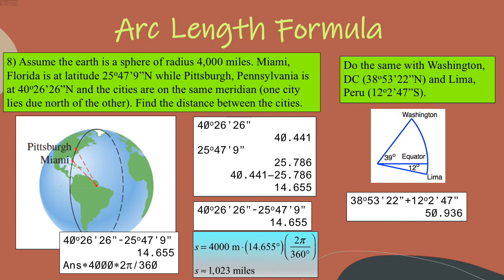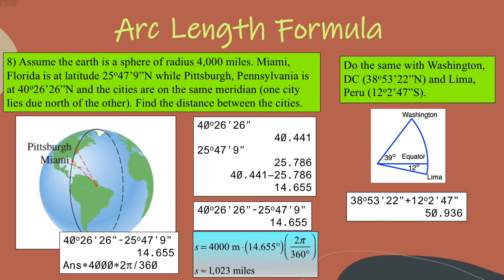The second part asks us to do the same with Washington, D.C. at 38 degrees 53 minutes 22 seconds north, and Lima, Peru, which is at 12 degrees 2 minutes 47 seconds south. As before, these two cities are on the same meridian. In this case, since Washington is north of the equator and Lima is south of the equator, we have to add the two angles.